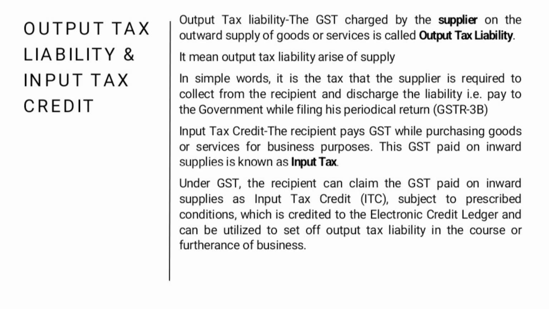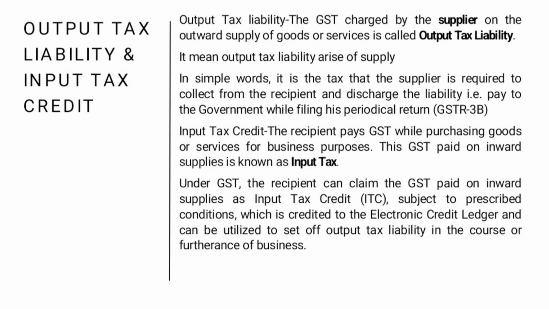Same example. Suppose you are the recipient. You purchase, I supply the goods to you. 1000 is the taxable value, 5% is tax. So you pay me 50 rupees tax, and I will discharge the liability. Whatever tax you paid to me will be credited to a ledger. It is an input tax credit for you.